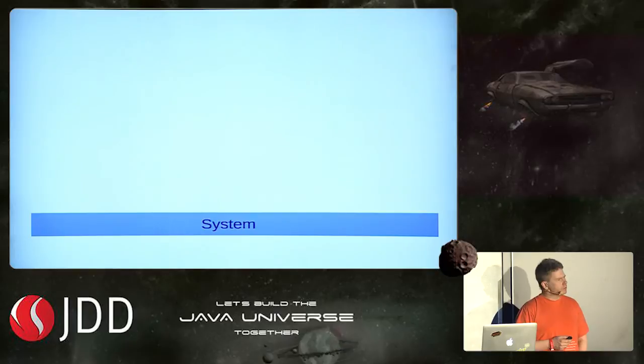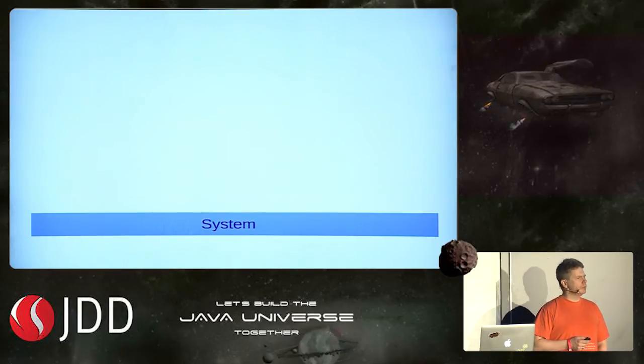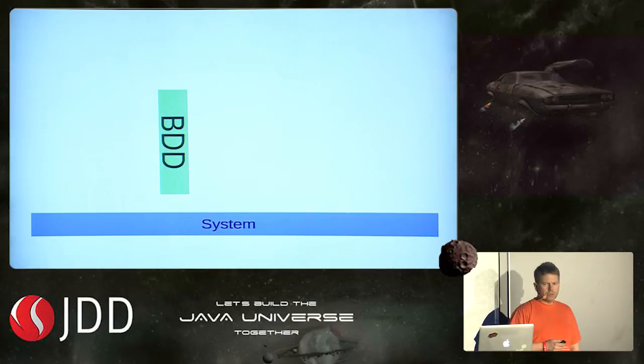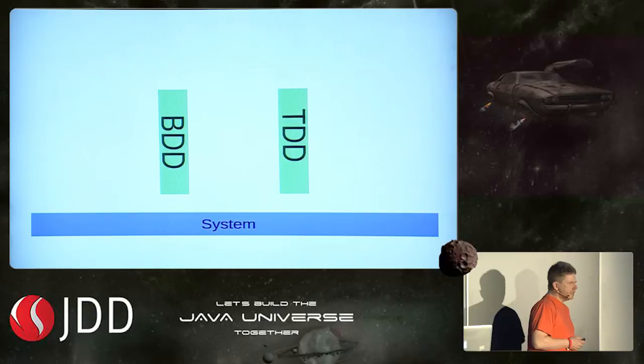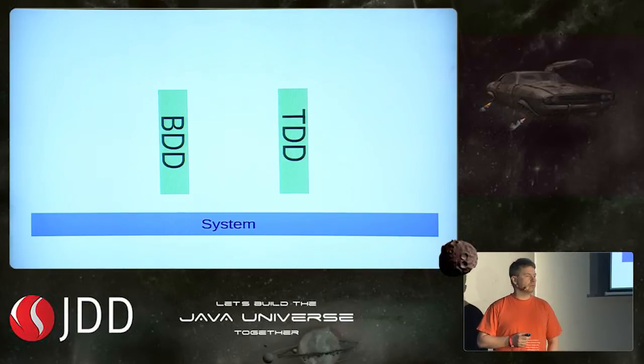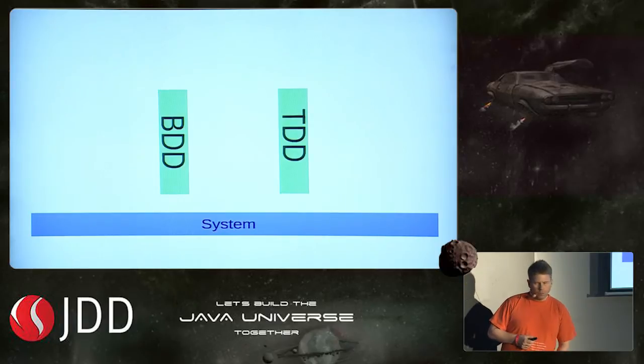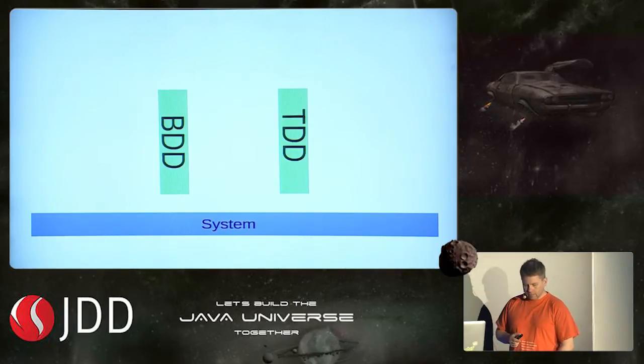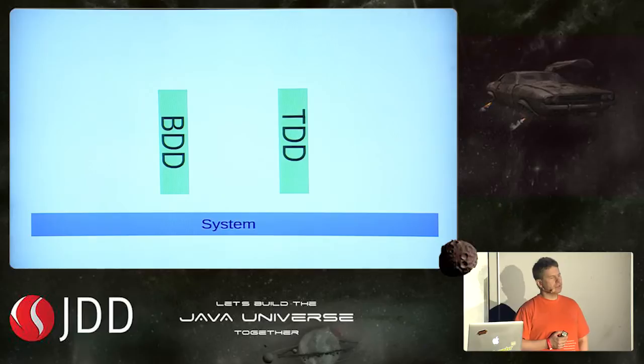We have some kind of system that we want to enhance or perhaps even create. And we can specify it using BDD, and we can implement it using TDD. These are pretty much the same thing, to be honest. Test-driven development or behavior-driven development is driving an implementation using tests in both cases.